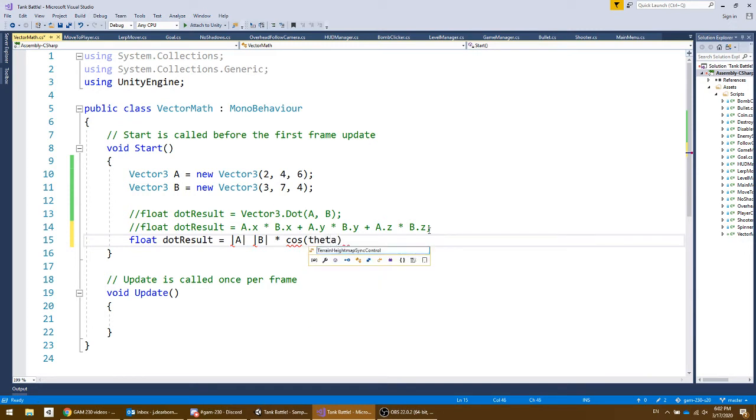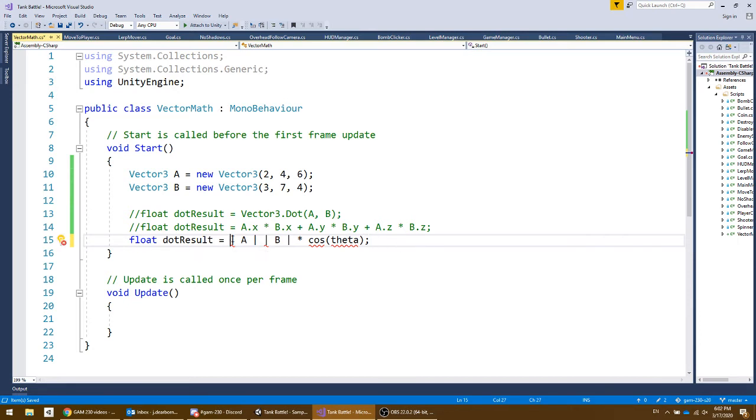I'm going to just call it theta for now. This stuff doesn't carry any meaning in programming. We have to write it a different way. But algebraically, we could use this to solve for the angle between two vectors. We could calculate the dot product the normal way, component-wise, and we could find the dot product using trigonometry here, and we can use algebra to solve for theta and get that angle.